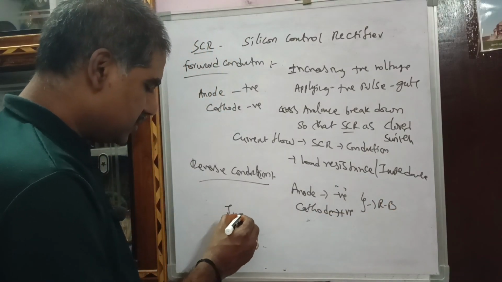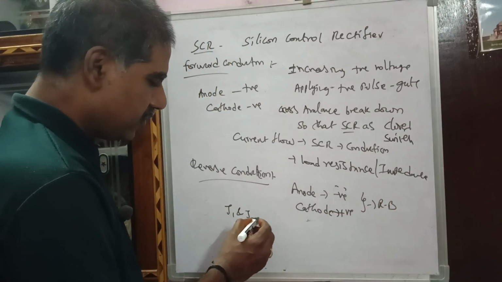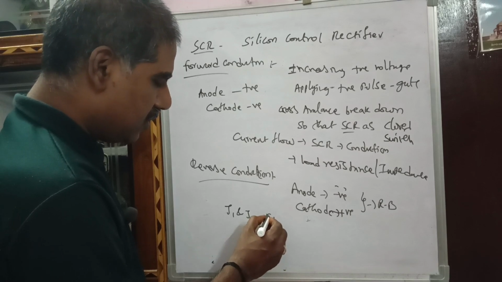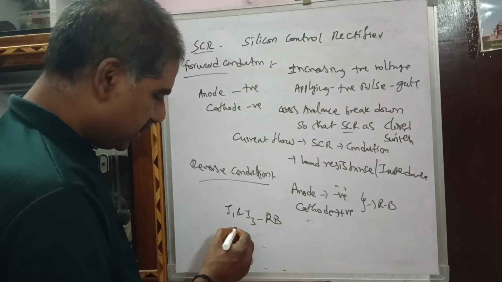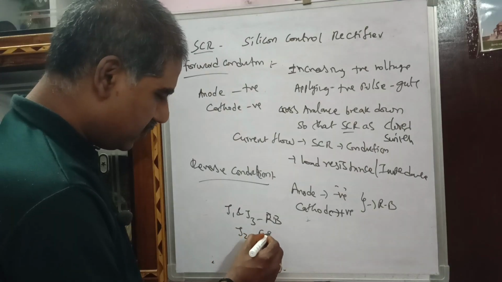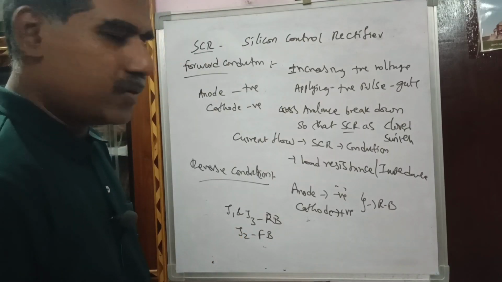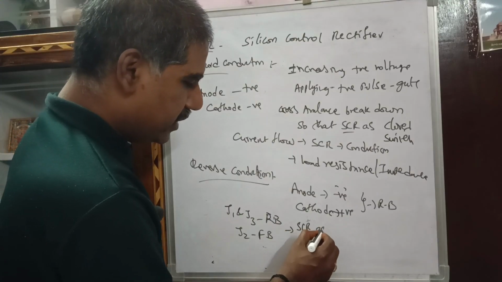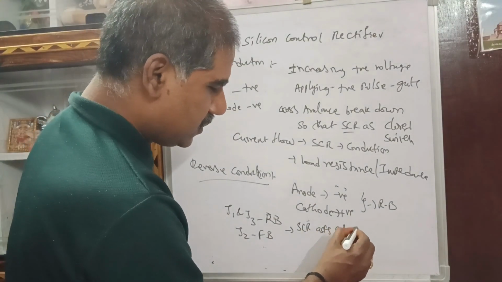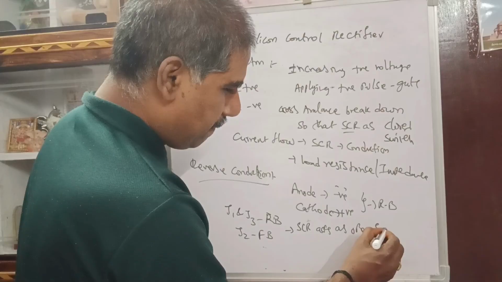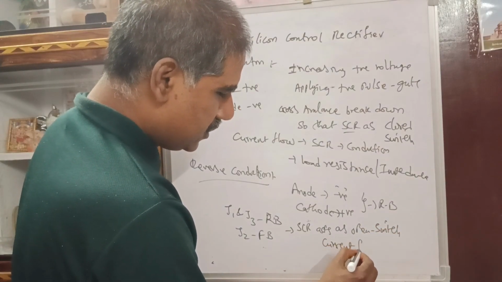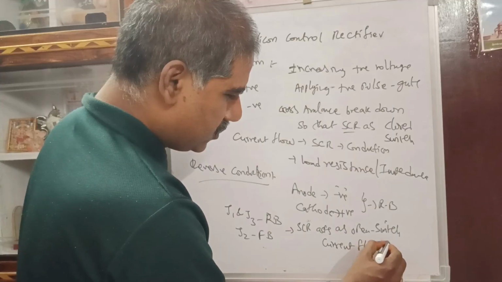J1 and J3 are reverse biased, and J2 is forward biased. The SCR acts as an open switch and no current flows through the circuit.